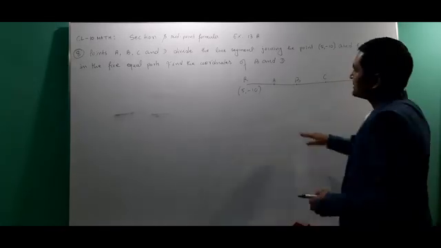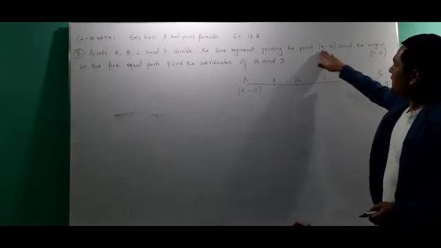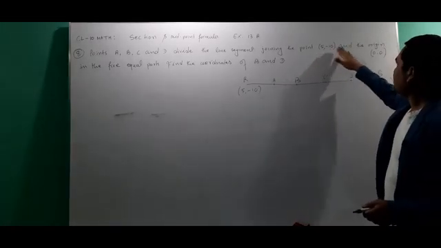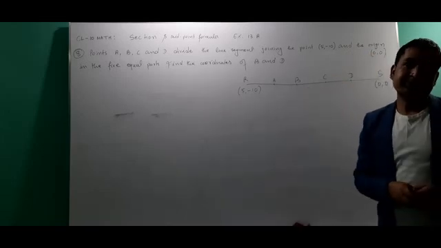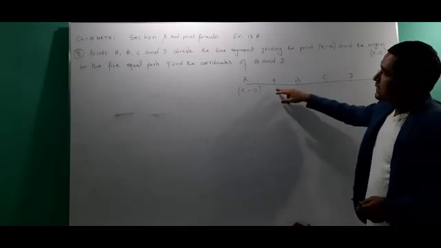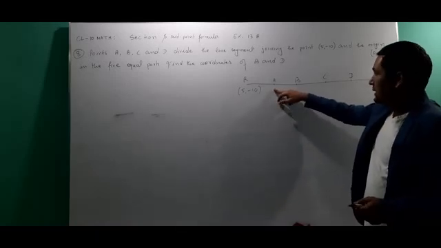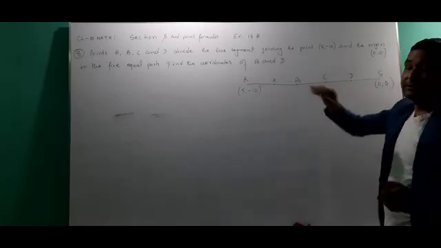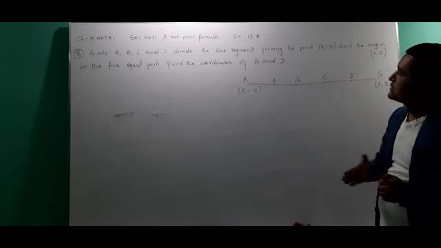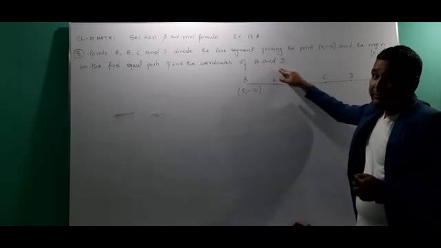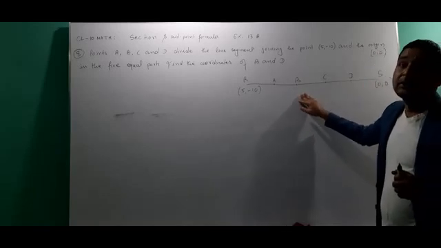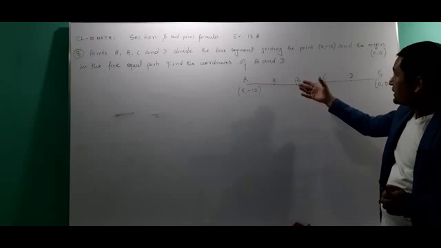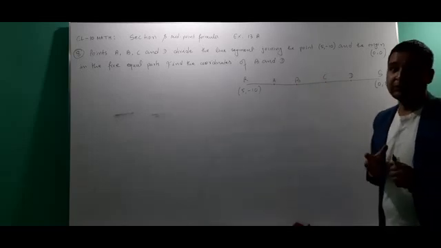This line segment joining the point 5, minus 10 and the origin is divided into 5 equal parts, and the points are marked A, B, C and D. To find the coordinates of B and D by using the section formula, we need the ratio. Then how do we get the ratio?